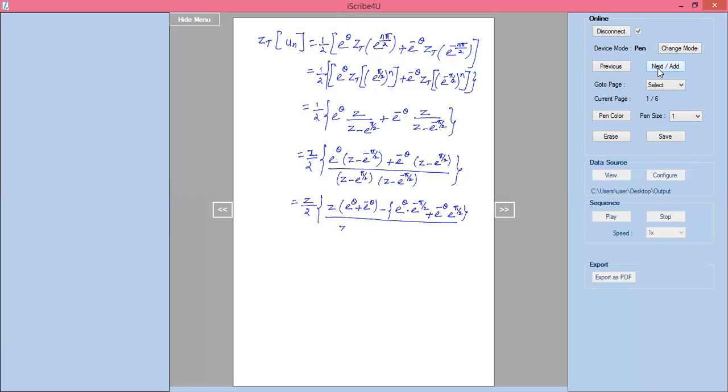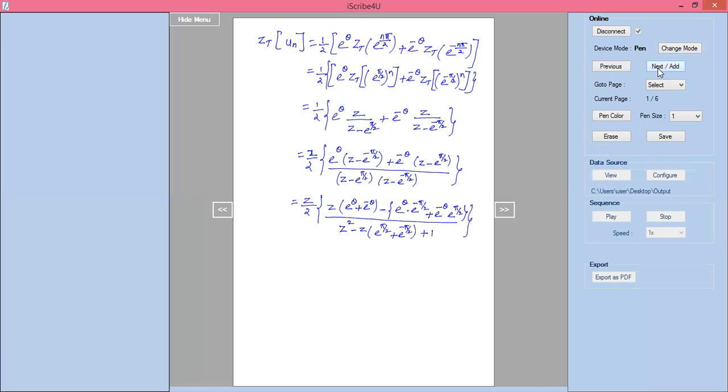If you simplify this also, we'll get z square minus z into e power pi by 2 plus e power minus pi by 2 plus 1. E power minus pi by 2 into e power pi by 2 is 1.